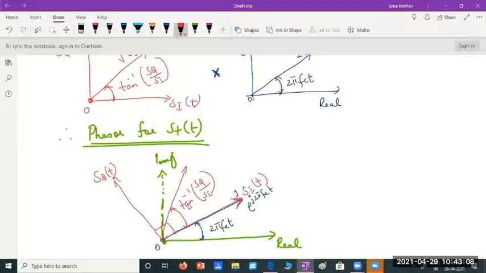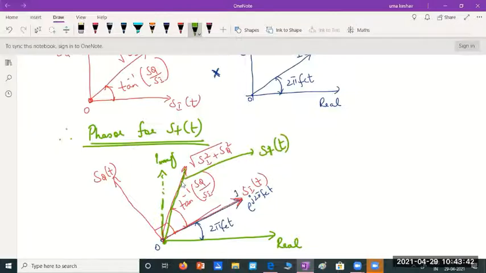Remember, this angle tan inverse SQ by SI is made with this SI axis, which is same as e power j2 pi fct, and the magnitude of this phasor will be root of SI square plus SQ square. Now, it is this phasor which represents what? The pre-envelope S plus of t.